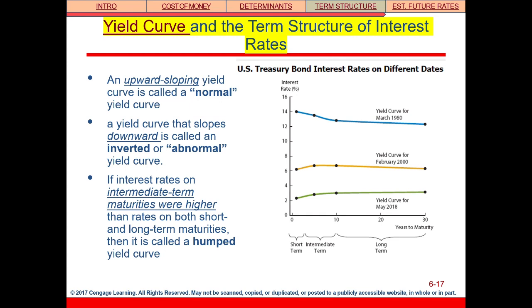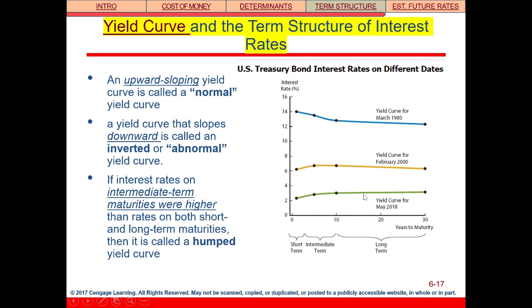If right now the inflation is very high and we expect it to go down in the next number of years, then the inflation premium is going to be lower in the future, and that could bring down the interest rate levels, even if the maturity risk premium is positive for long-term maturities. If the inflation premium is much lower, it can still make the required rate of return, the interest rate, lower for long-term maturities.